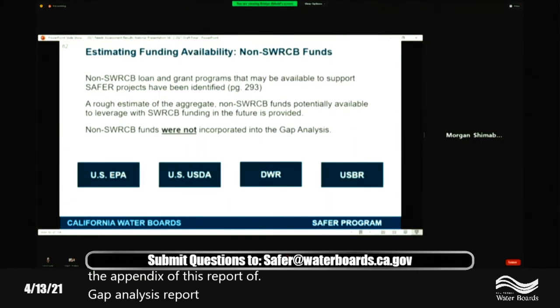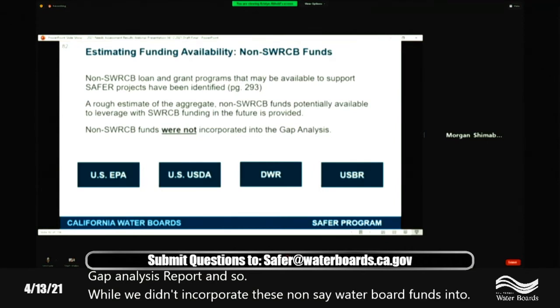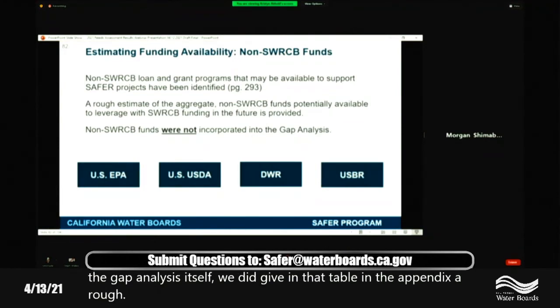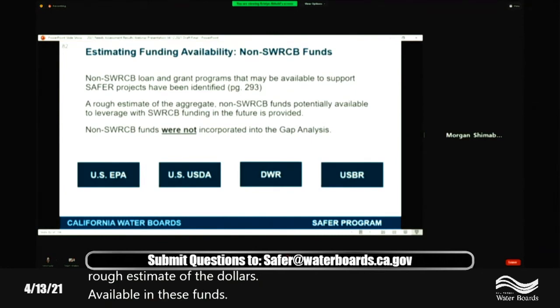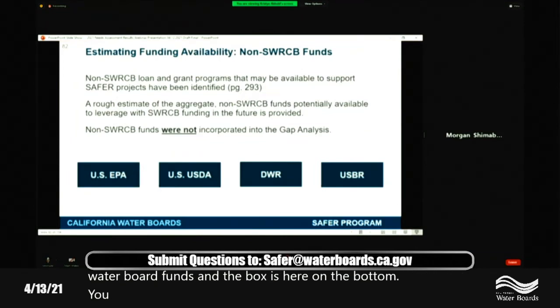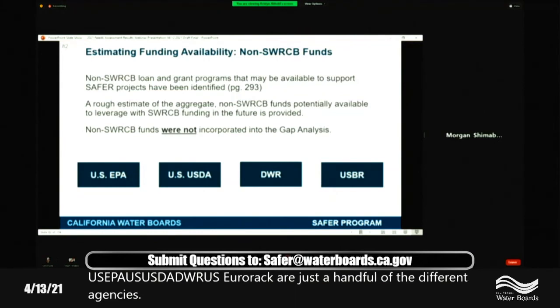And so while we didn't incorporate these non-state water board funds into the gap analysis itself, we did give in that table in the appendix a rough estimate of the dollars available in these funds, maybe that could be leveraged with state water board funds. And the boxes here on the bottom, US EPA, US USDA, DWR, US Bureau of Rec, are just a handful of the different agencies we looked at to find different funding options, but there are more.